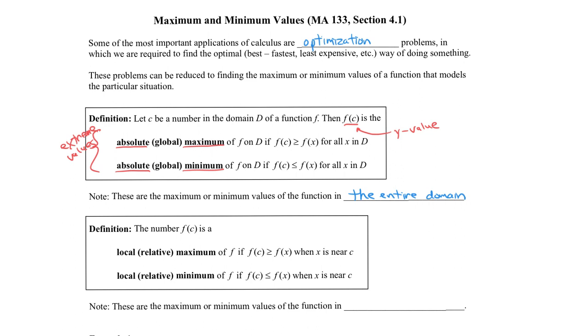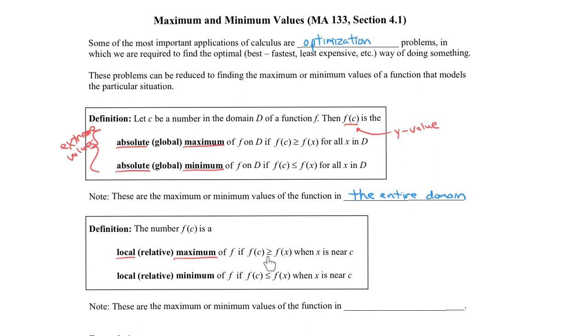Okay, a couple other definitions we have. The number f of c, again notice this will be a y value, which would be the function's value at c, is a local maximum, or sometimes referred to as a relative maximum, if f of c is greater than or equal to f of x when x is near c.